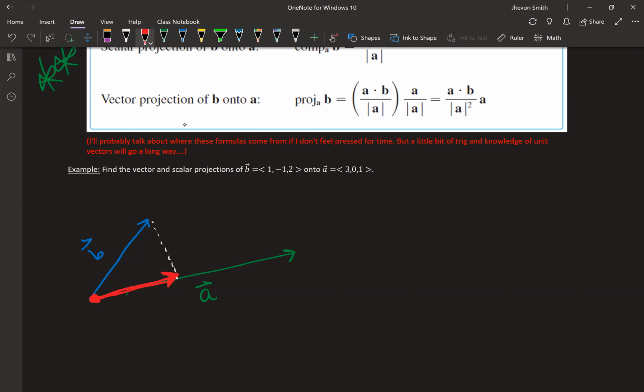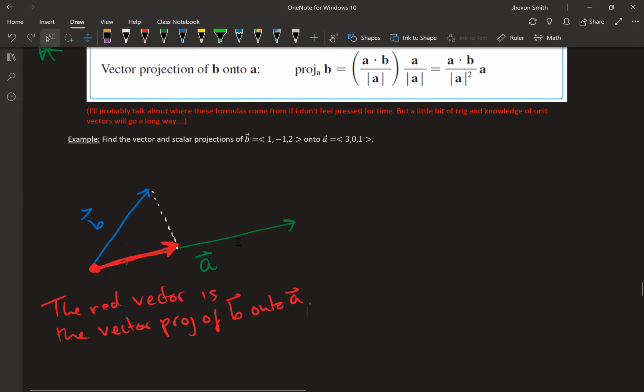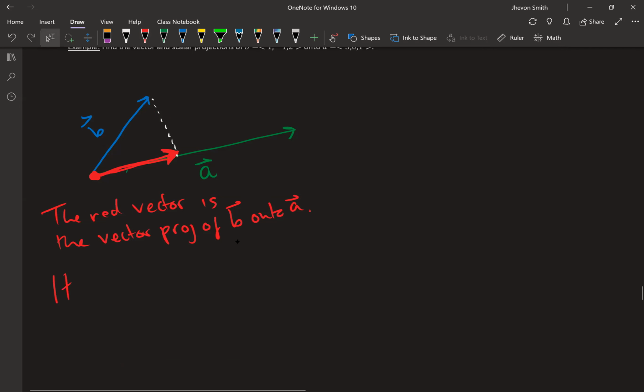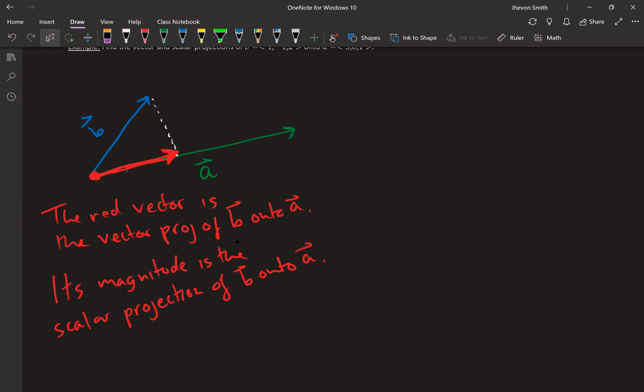So now the red vector is the vector projection of B onto A. Its magnitude is the scalar projection of B onto A. And it could have signs here depending on the orientation of these vectors.